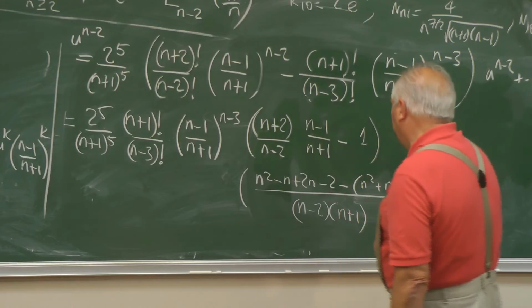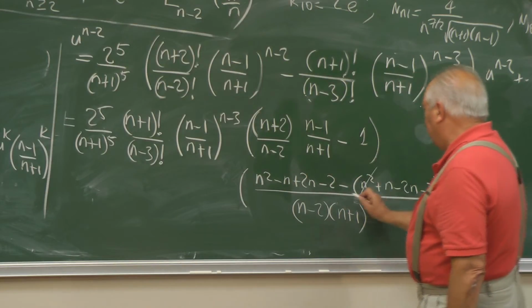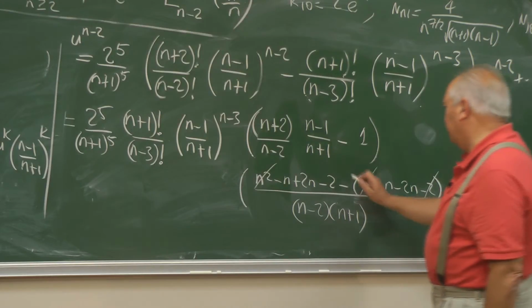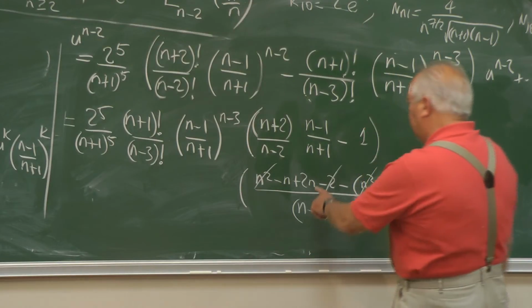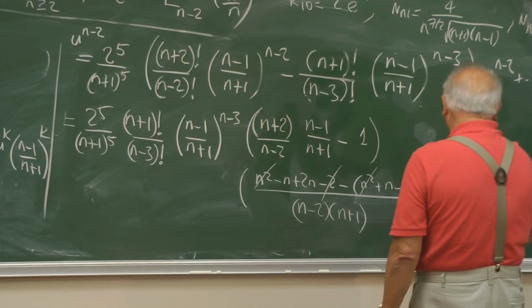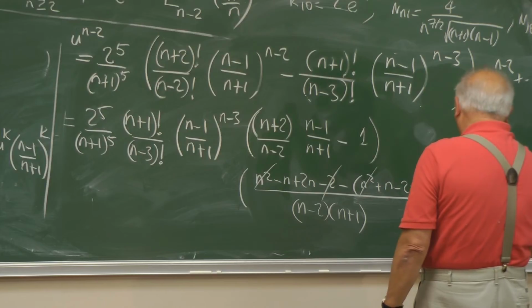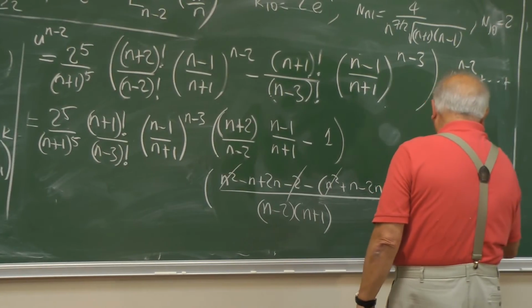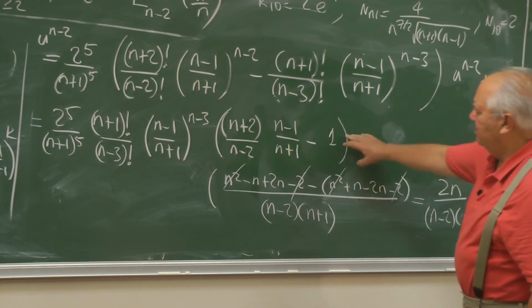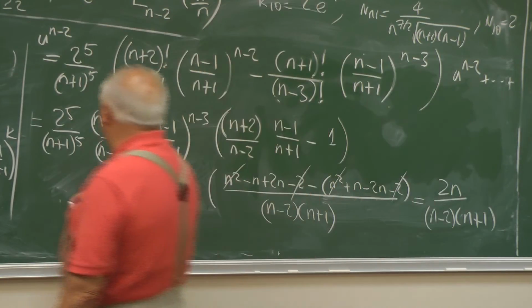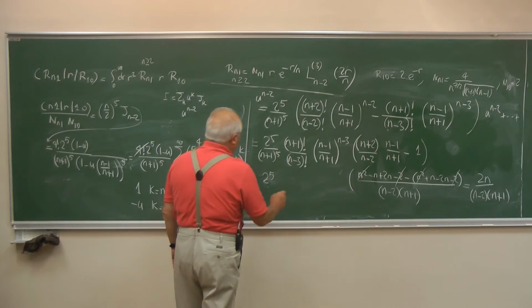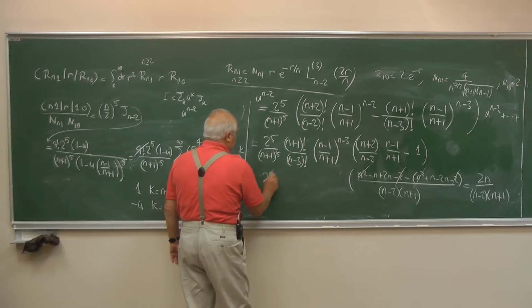Equals, the n squares cancel, minus 2 and plus 2 cancel. Here I have plus n, minus n, so I have only 2n. 2n over n minus 2, n plus 1. So that's it. This is equal to 2 to the 5 times 2, now I have 2 to the 6.